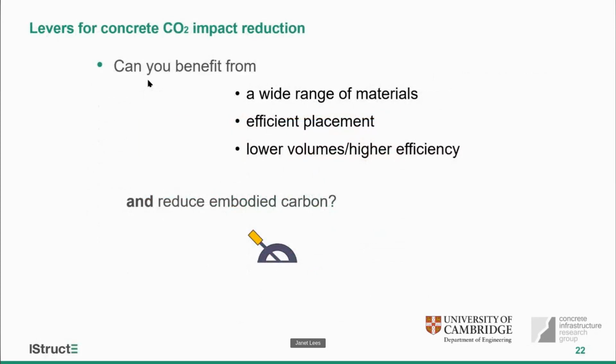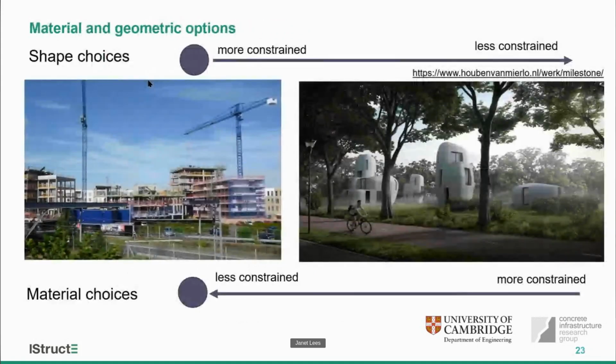So this brings me to the theme of the talk, about levers for concrete CO2 impact reduction. And really the question I'll interrogate for the remainder of the time is, can you benefit from a wide range of materials, efficient placement, and lower volumes and higher efficiency, and reduce embodied carbon? I'll talk through some levers on the shape choices and material choices that influence this.